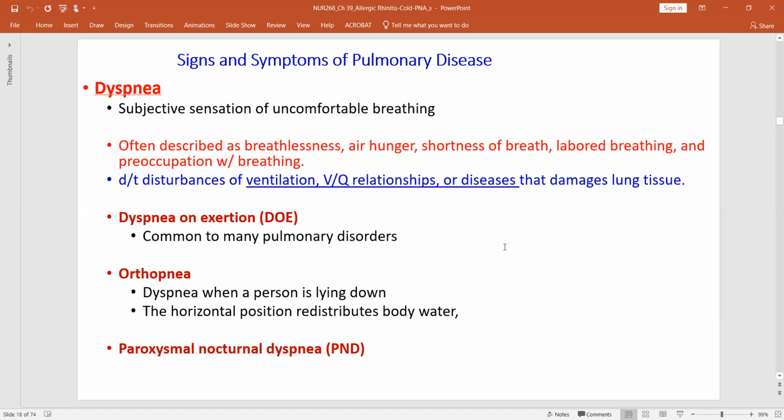That explains why patients with COPD, for example, or patients with CHF prefer to sleep on the couch or on the recliner, sitting up. The forward or semi-forward position, or sitting up, is the most preferred position for these patients, because they experience shortness of breath and dyspnea when they are in recumbent or supine positions.